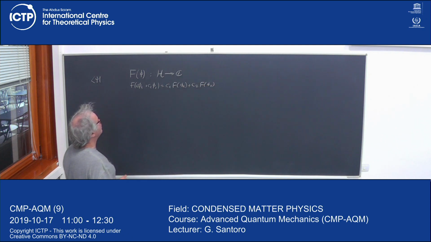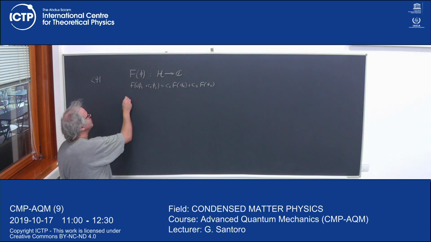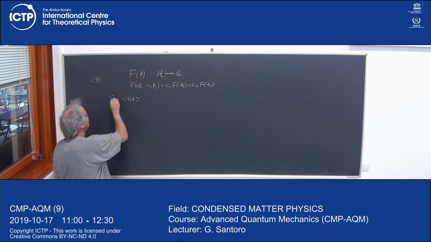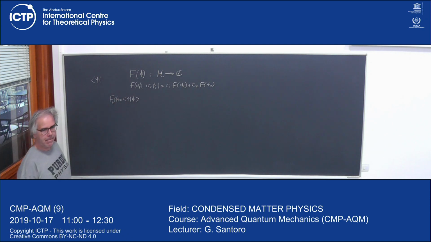Then we said we already know one. Psi phi indeed satisfies this thing, okay? So in some sense you can define phi psi given any vector, no? The linear functional defined in this way, okay?